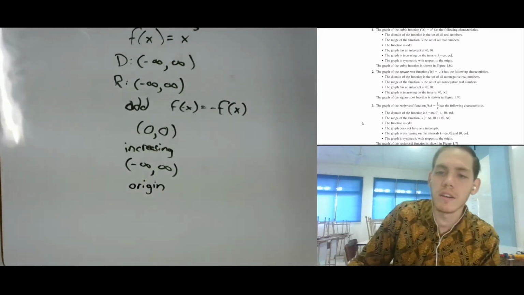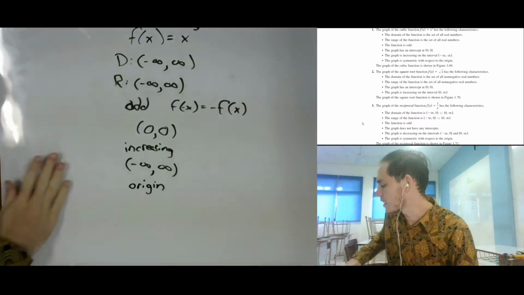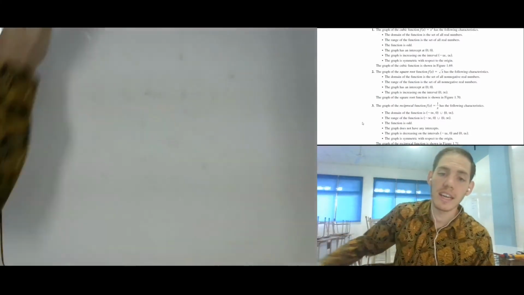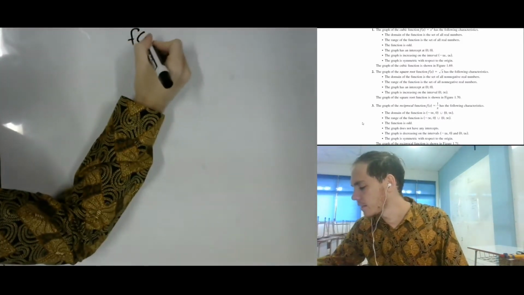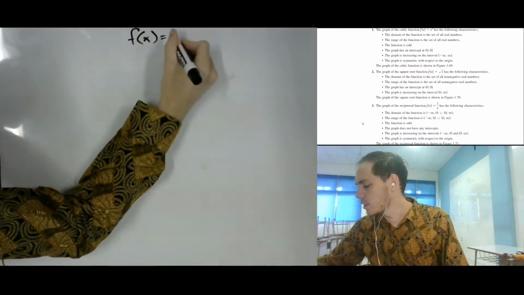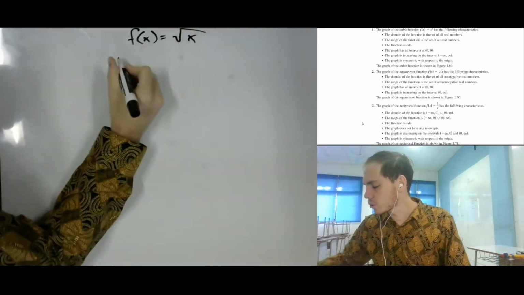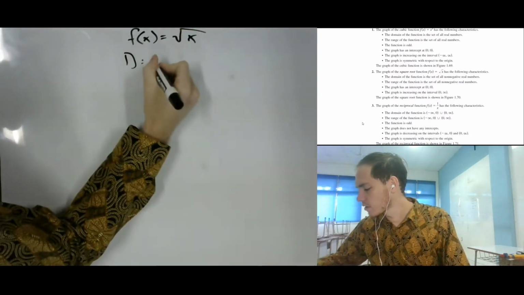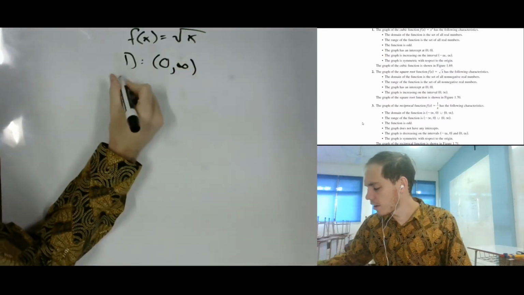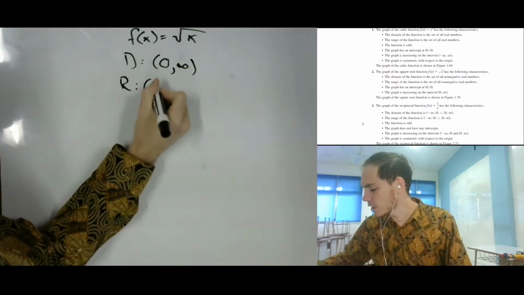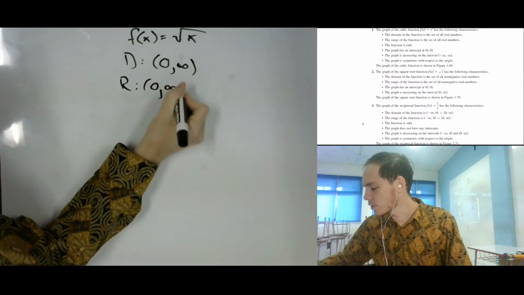Square root. Square root is going to be characterized by a few other things. Square root can't have all real numbers because you can't plug them in. So we notice that with square root, our domain is going to be all non-negative numbers, and our range is equally going to be all non-negative numbers, okay?